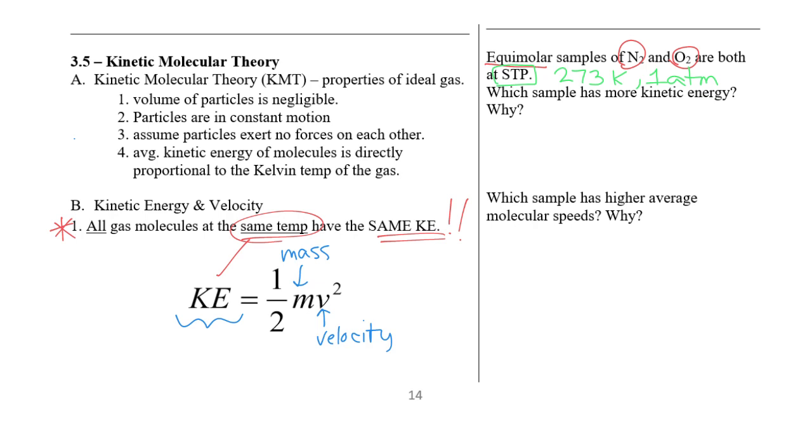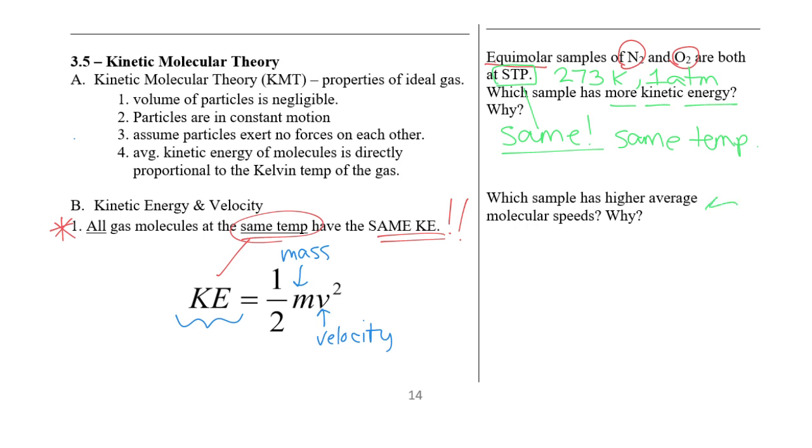But the only thing that matters here for this question, which sample has more kinetic energy? They're going to have the same kinetic energy because they're both at STP. If they're at the same temperature, it doesn't matter what the molecules are. It doesn't matter what their masses are. Their kinetic energies are going to be the same if they're at the same temperature.